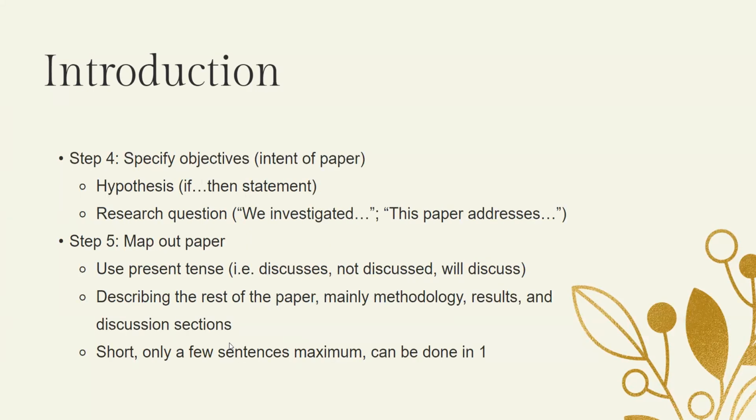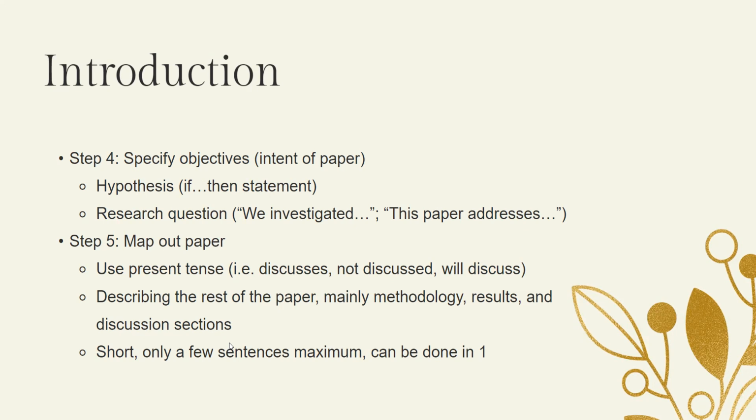So after that, you will specify the objectives of your research, so the intent or why you're writing the research paper. Here you'll include either a hypothesis if you're testing the relationship between two variables. So for example, a hypothesis is an if-then statement.